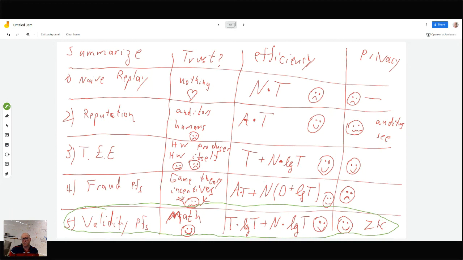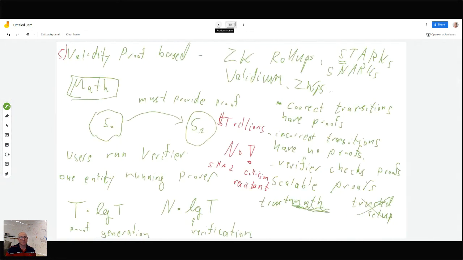If we go back, one slide back, to what validity proofs do, you do move from state S0 to S1, but you must provide a proof. So the way you work with validity proofs is you use them to support the correct transition of your state.